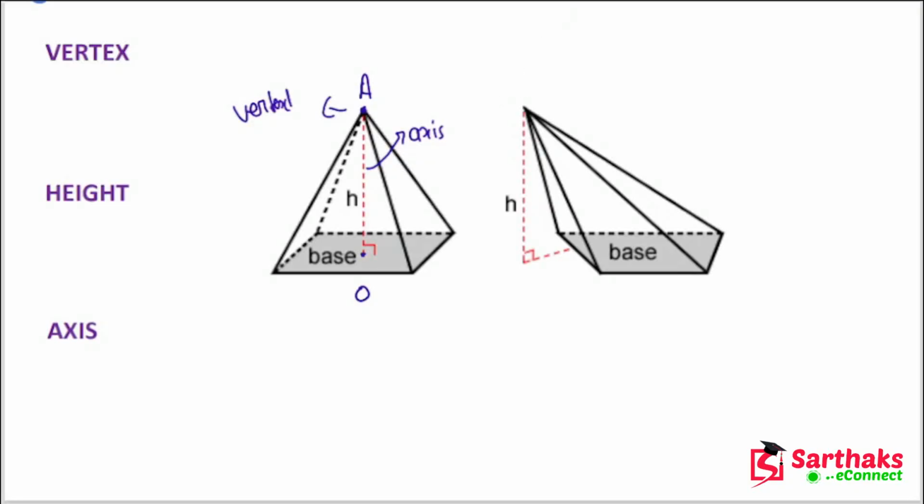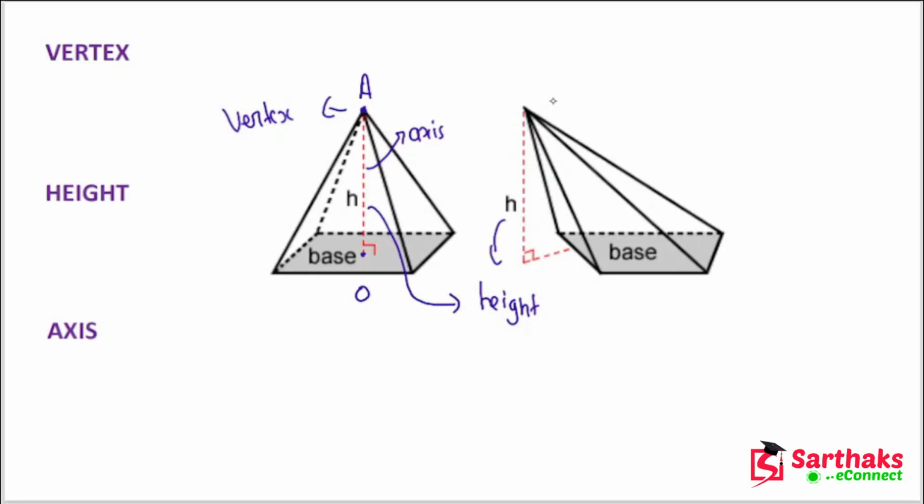But if you see in this oblique figure, then you will find that the axis is inclined. Okay, height is the perpendicular, so you can see height is actually outside the figure, and this would be the height of the pyramid.